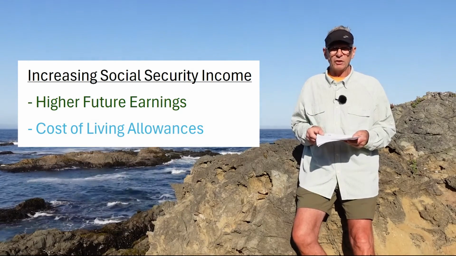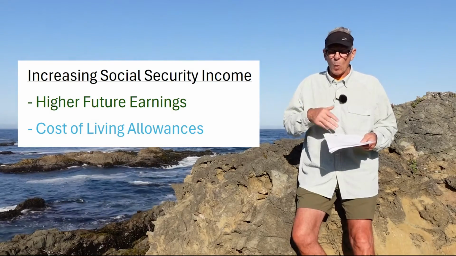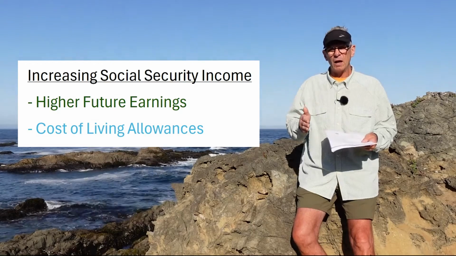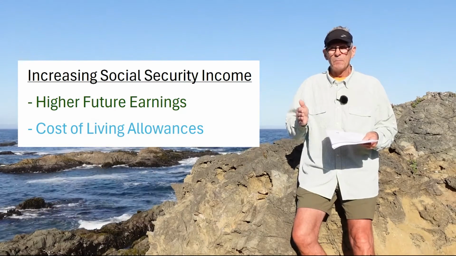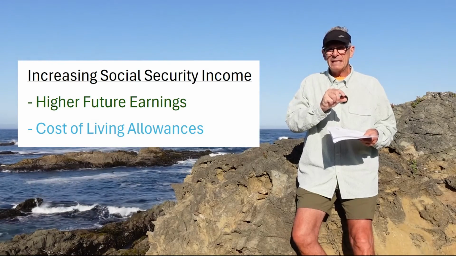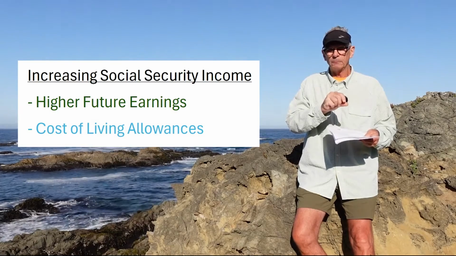The next is the cost of living allowances. So once you turn 62, and you apply for Social Security, they're going to apply the cost of living allowances, because remember that they stop indexing the income at age 60.